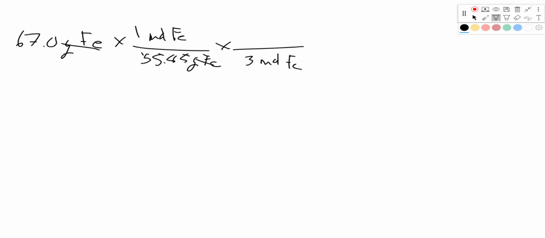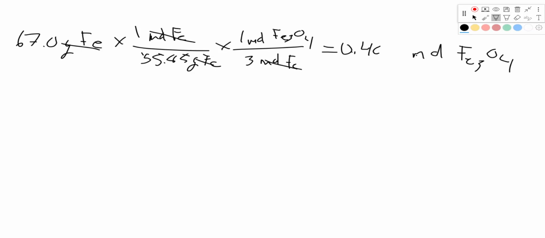For every 1 mole of Fe3O4. So when I run this, then moles of iron cancel as well, and we're left with moles of product. And when I do the math, it comes out to be 0.400 moles.